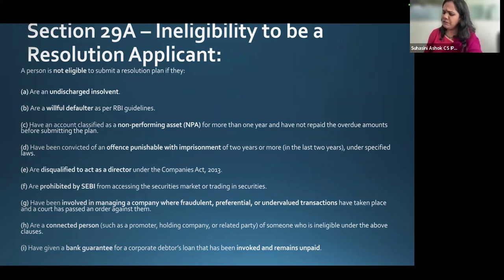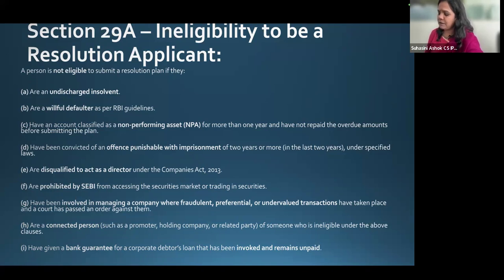There were significant lacunae and an absence of specific criteria for disqualification of persons submitting a bid, because of which a lot of issues cropped up before the NCLT, and many applications were filed seeking clarification.